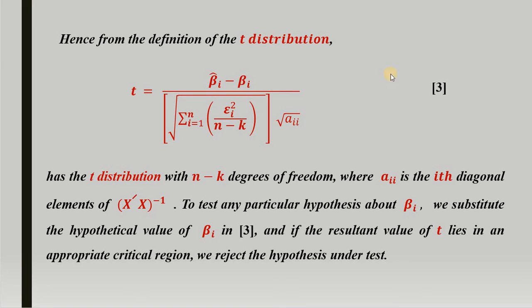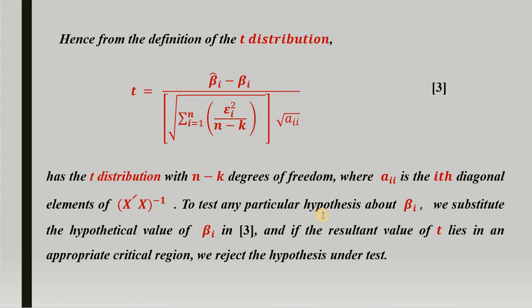Hence, from the definition of the t distribution, t is equal to beta i cap minus beta i, where beta i cap is the estimated value and beta i is the parameter, divided by square root of summation i from 1 to n epsilon i square by n minus k into square root of a_ii. This t has the t distribution with n minus k degrees of freedom, where a_ii is the ith diagonal element of (X prime X) inverse.